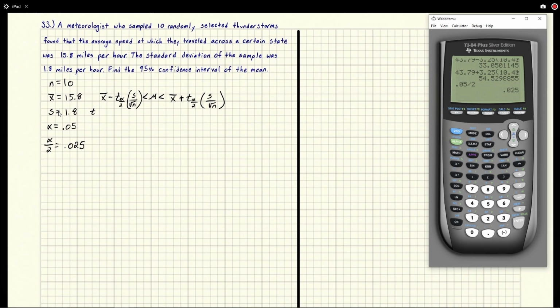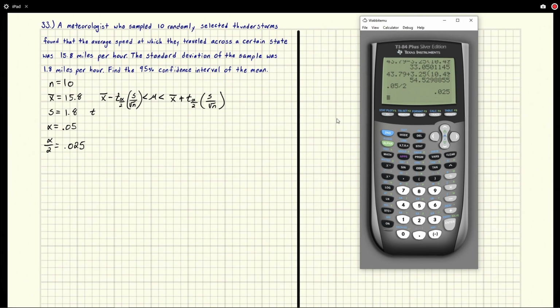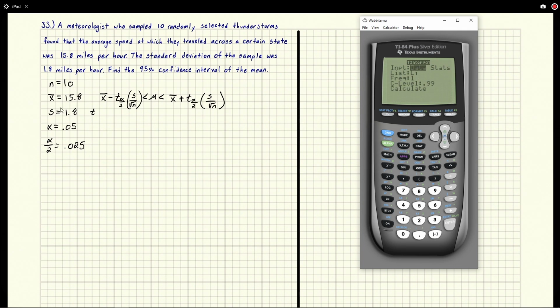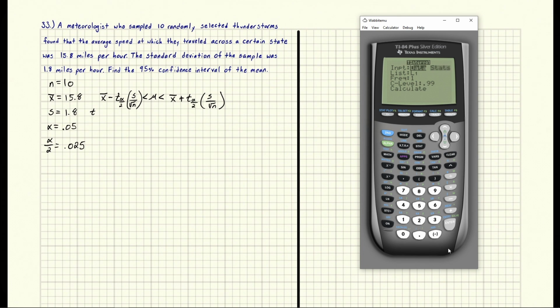So let's dive right in and do this. We're going to do it using the calculator first. It's a t interval, so easy peasy. We go to stat, then tests, and we want a t interval, which is number 8. We were given statistics, thankfully, so we go over to stats and type this in. First, our x bar is 15.8.